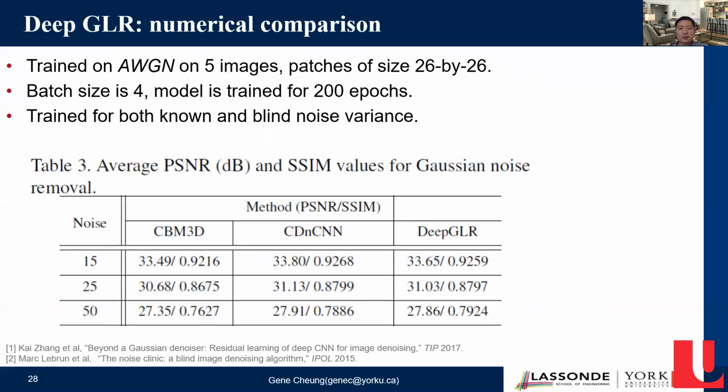If you look at the experiments, you can see that when you're training on Gaussian noise and testing on Gaussian noise, we compare our approach to state of the art, DnCNN, one of the state of the art neural network approaches to image denoising. We do relatively well. There's not a huge difference in PSNR.